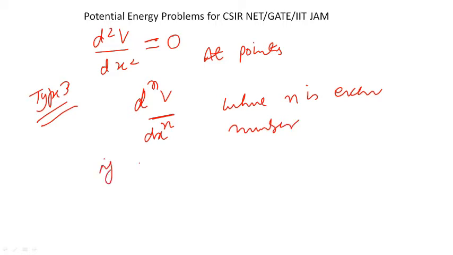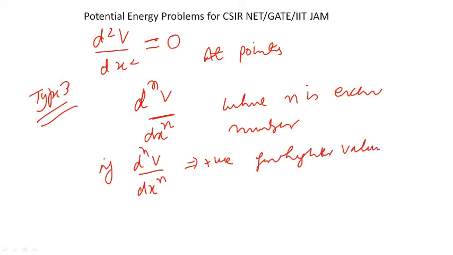So if d^nV over dx^n is positive for higher values of n, then it will be a stable equilibrium point.